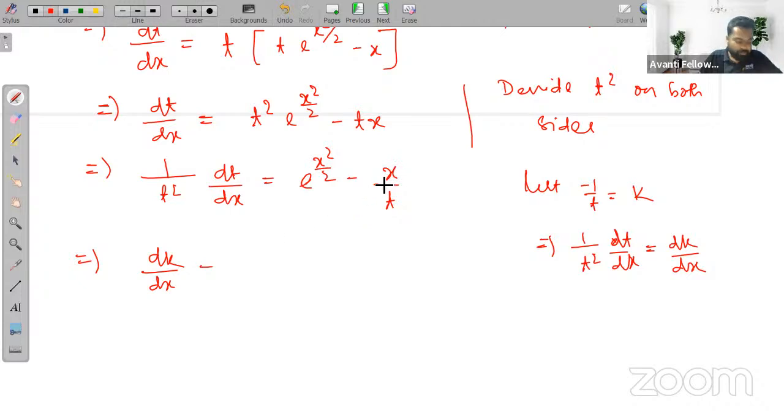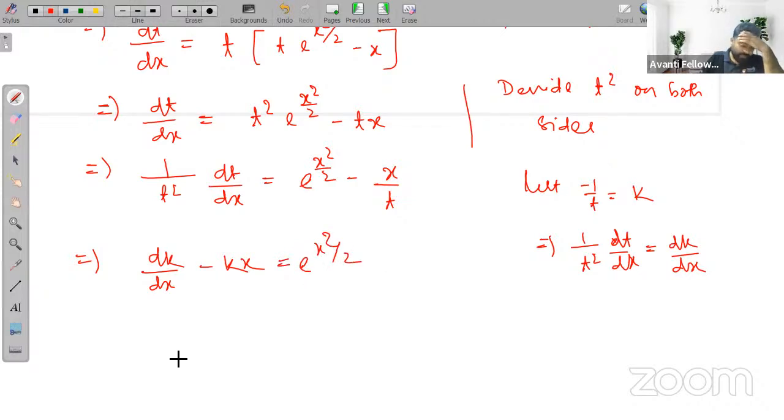This becomes minus kx. If you take this to the left side, it becomes dk by dx minus kx is equal to e raised to x square by 2.